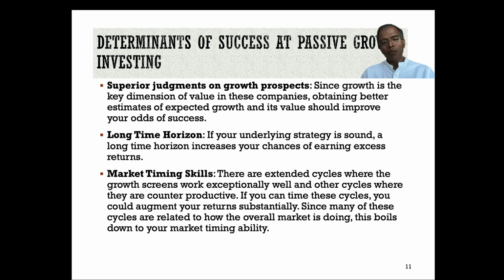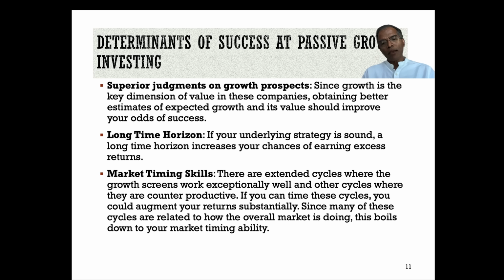If you can come up with more finessed estimates of growth that are better than the analyst estimates or better than historical growth rates, you have a better chance of success. It might sound like a broken record here, but the longer your time horizon, the greater your chance of succeeding with a passive growth strategy where you're screening for growth companies. And there's a component of market timing here.